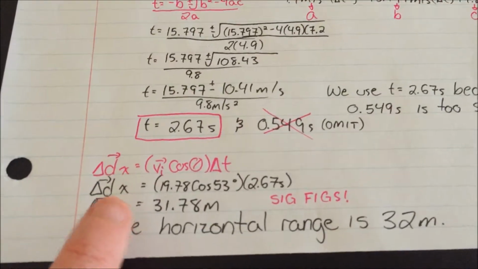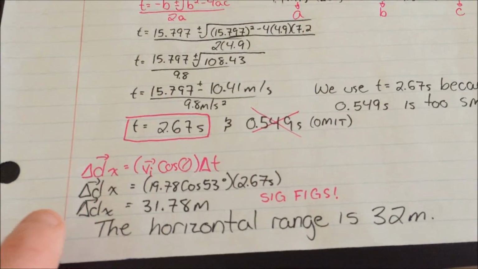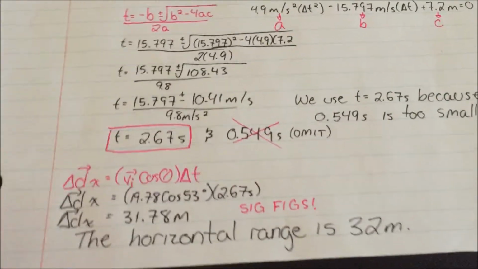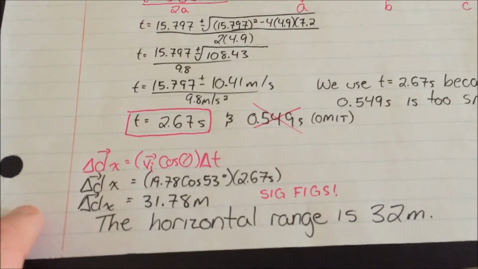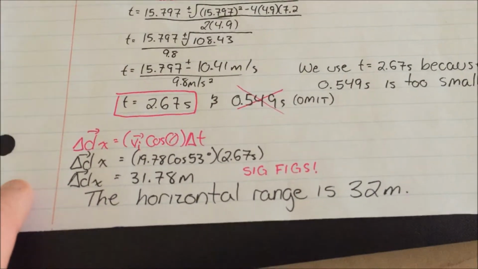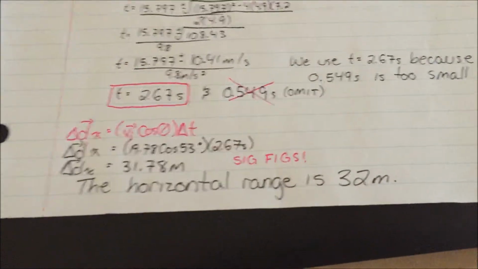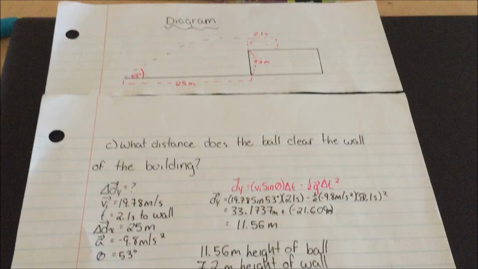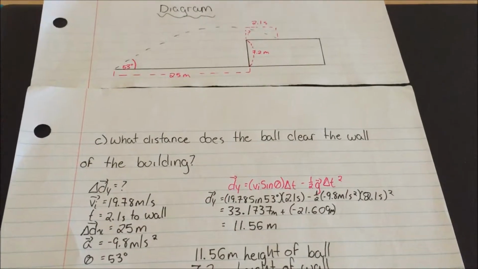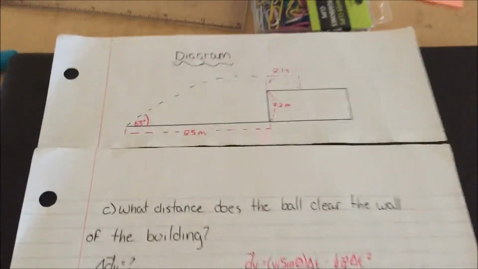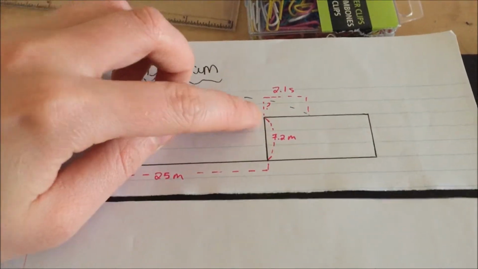You get 31.78 meters as your change in displacement in the x direction. You need to take into account sig figs, which is still two significant figures, so your horizontal range is equal to 32 meters. The last part of answering this question is to determine what distance the ball clears the wall of the building. So what is this distance up top?